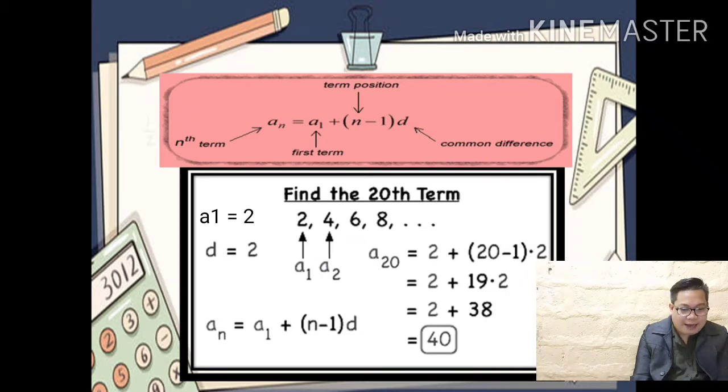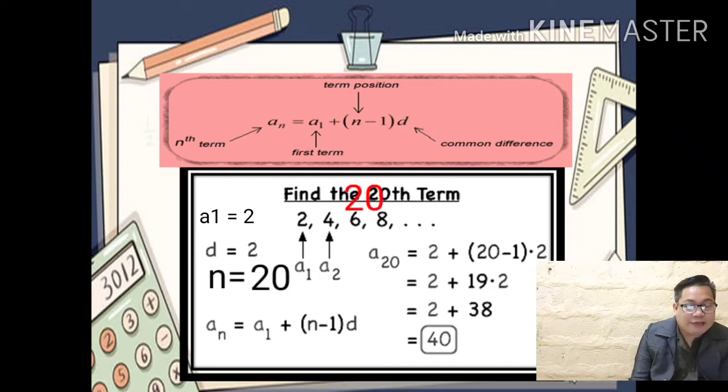And ang ating n, kung ilan lahat sila, ay 20 kasi ang hinahanap natin ay 20th term, ibig sabihin merong 20 na terms. So pwede na natin i-substitute sa ating formula.